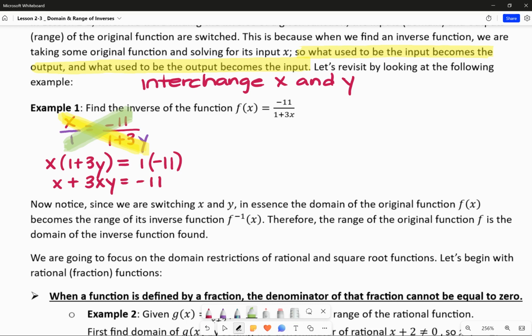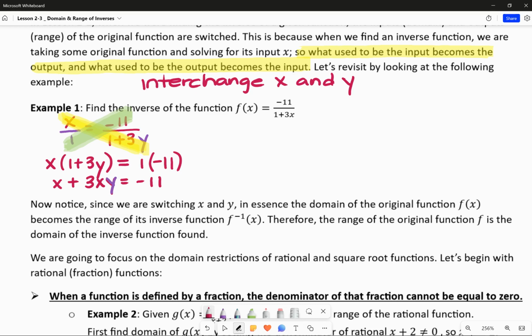Now, we are trying to solve for y. So here's the y that we're trying to isolate right here. I'm going to make it purple again so that we can see. So this y that's purple, we're trying to get it all by itself.